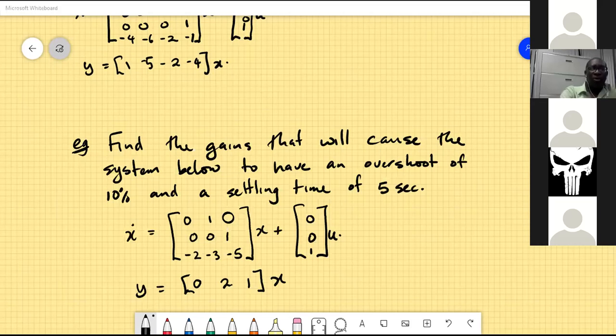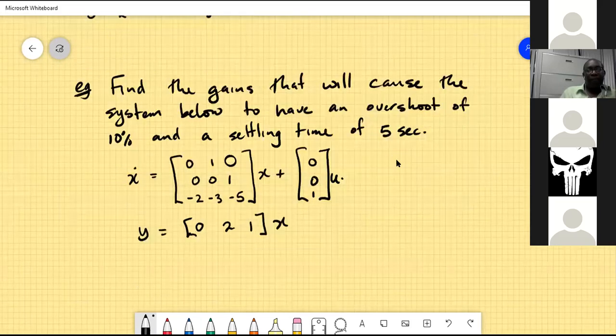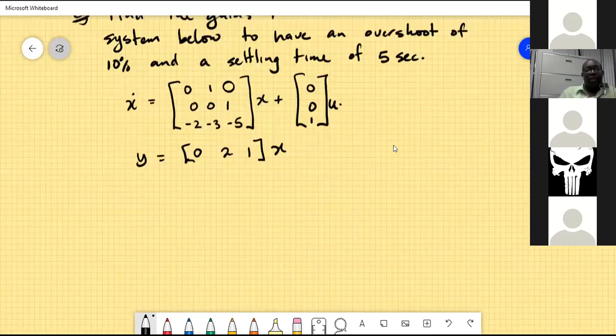Okay. So the first thing we have to do is go through this same thing that we talked about last week. So once again we have to find the damping ratio.